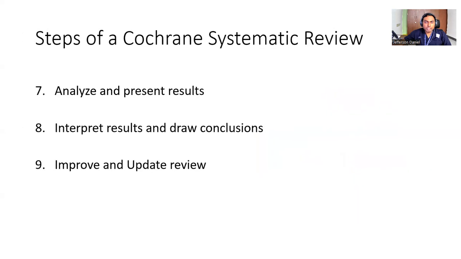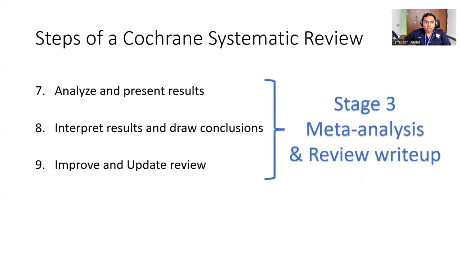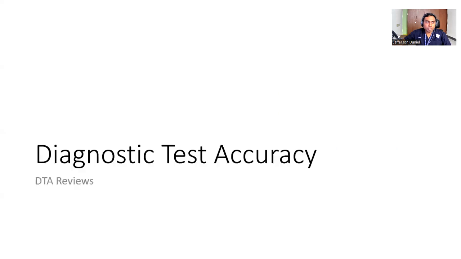Then the third part of it is to analyze and present the results of the data. You meta-analyze. Okay, you combine everything and come up with a common or single pooled estimate. Then you interpret the results and draw conclusions. You either improve or update the review once you have published your data. So these are the parts of the actual meta-analysis and the review.